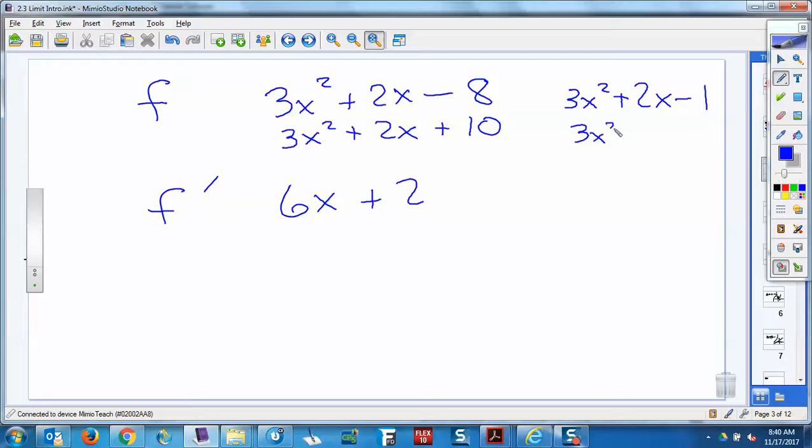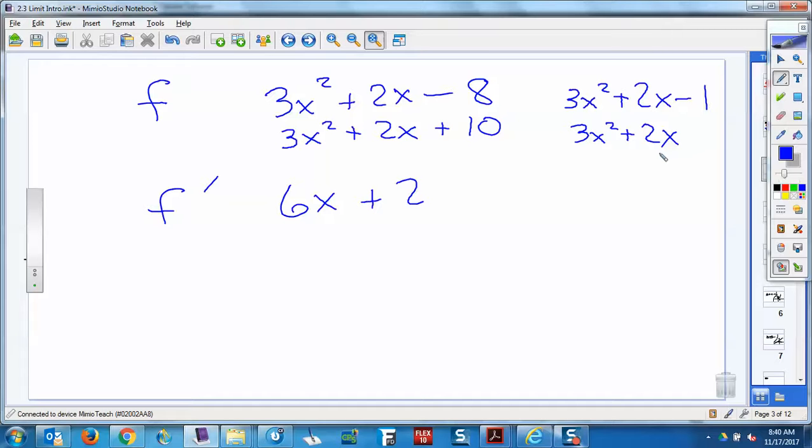What if I had 3x squared plus 2x? Those would all have the same f prime. How many f's could I write that have that same f prime? Infinite. What is different in all four of those f's? What's the only difference? Think of the graph. Wouldn't those just be vertical shifts of one another?